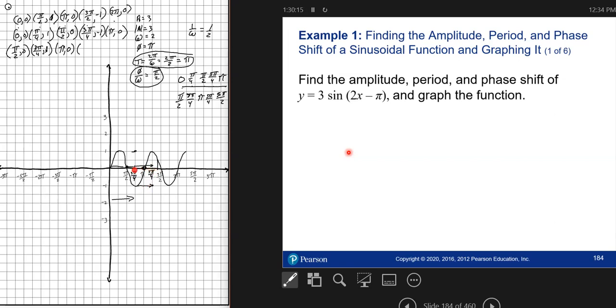I shifted this one over to here and this one over to here. Wait a second. I shifted this one up to here, this one up to there, and this one gets moved up to 3 pi over 2.